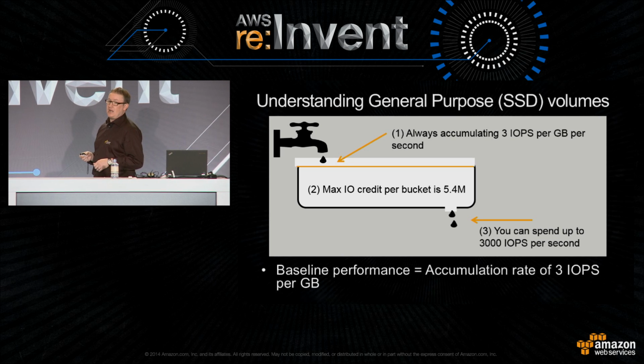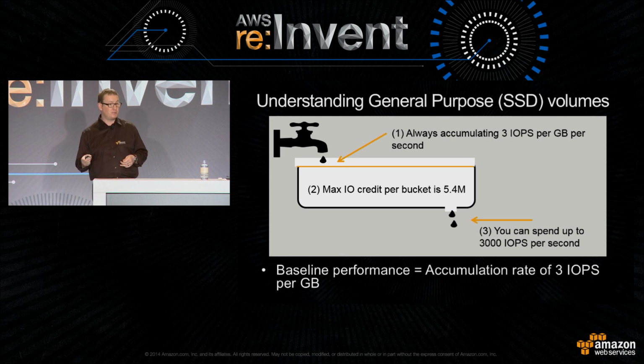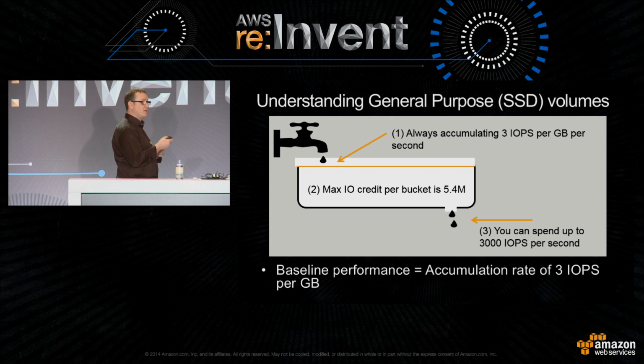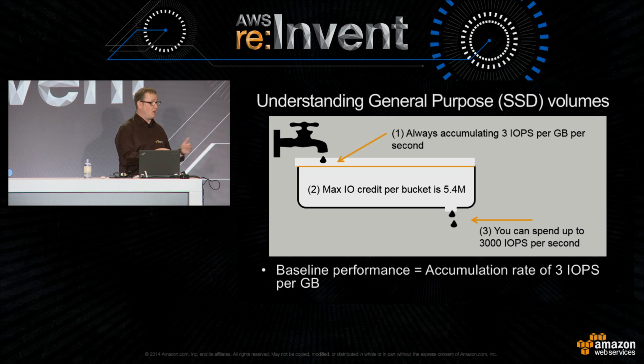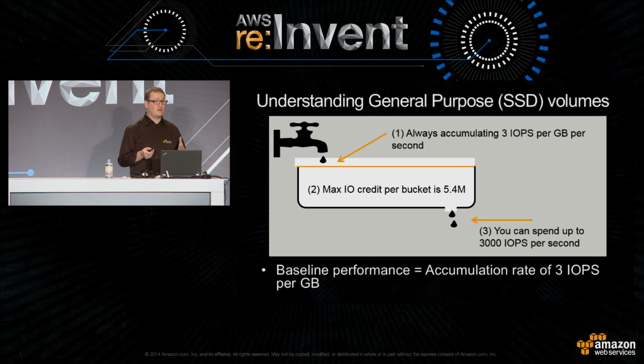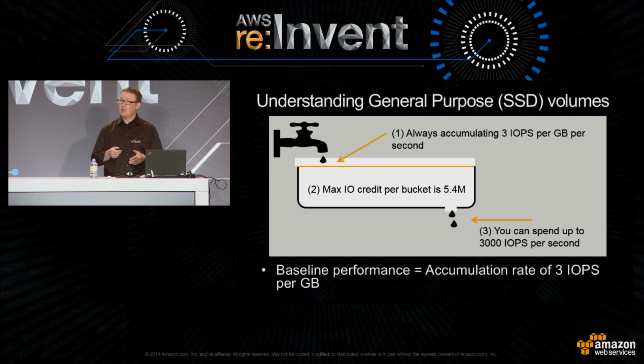So if we had a 100 gigabyte volume, it's going to be accumulating at 300 IOPS per second. So there's always going to be stuff going back into that bucket. You can use that bucket as long as you want for the IOPS until there's no credits left, and then you'll always get the baseline performance. So if it was provisioned at 100 gigabytes, it's always going to deliver 300 IOPS at 99% performance consistency.